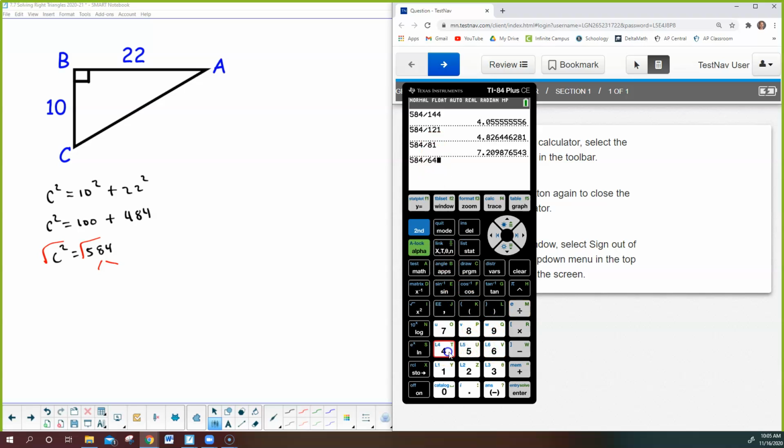Well, 8 squared is 64. That doesn't work either. So then the next one would be 7 squared, which is 49. That doesn't work. And then, let's see, 6 squared is 36. That doesn't work. And then 5 squared is 25.